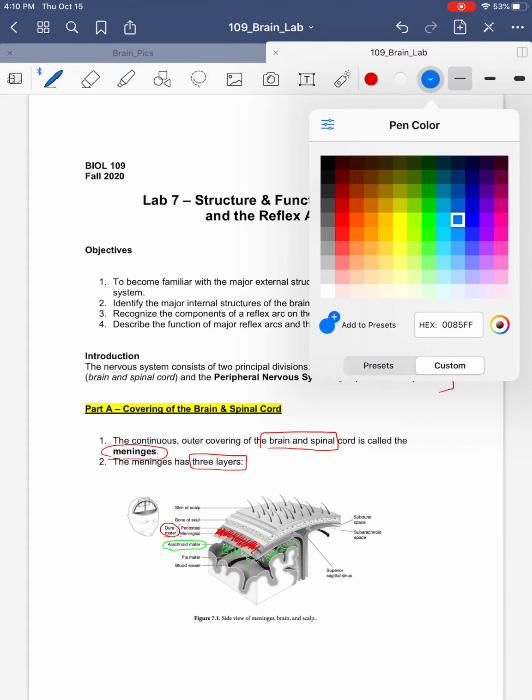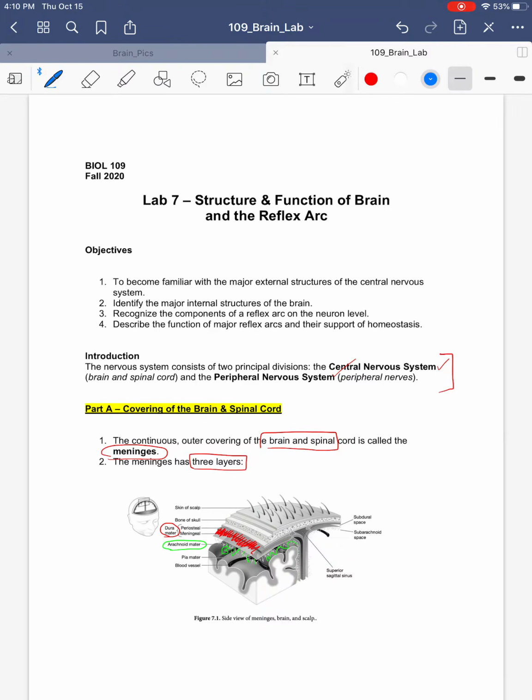Lastly, let's pick a blue color. We have the innermost layer, which is called the pia mater. The pia mater is thin and delicate, and it clings right to the surface of the brain. If I was going to give you an idea of what these layers really feel like, the dura mater, the outer mater, is tough. It's almost like a leather, kind of.